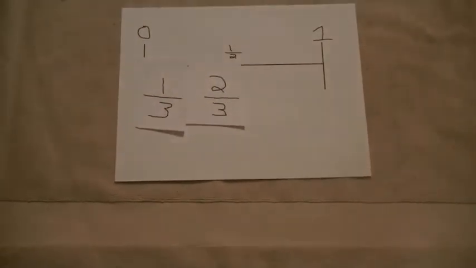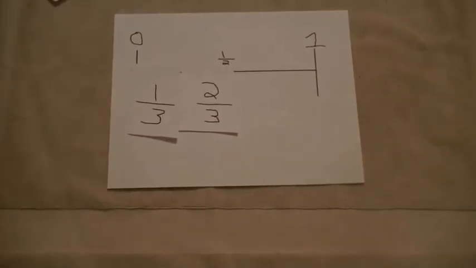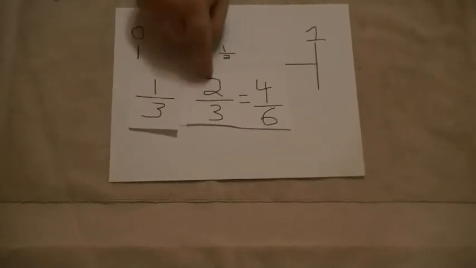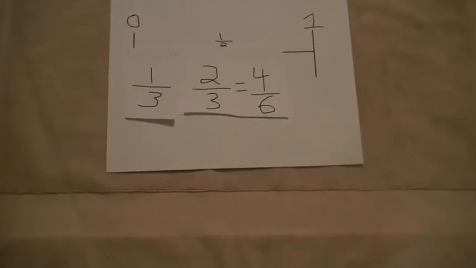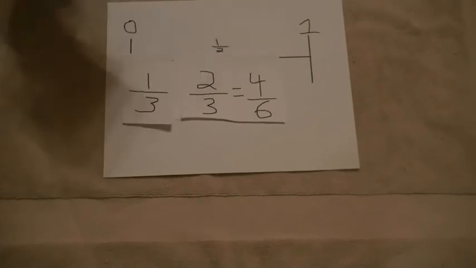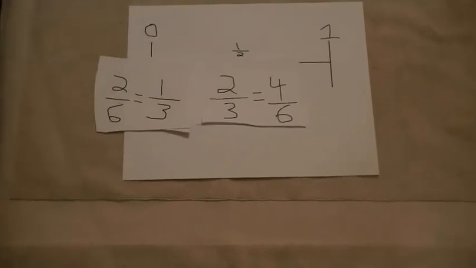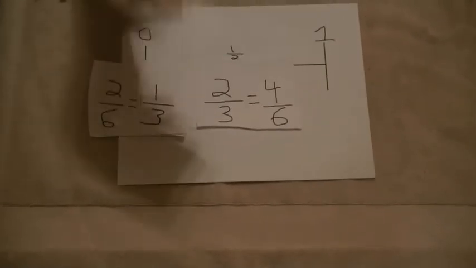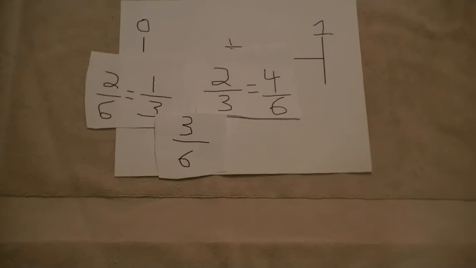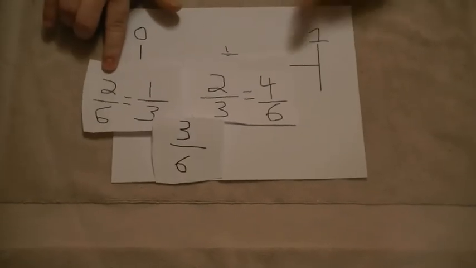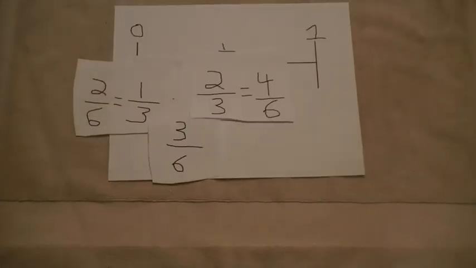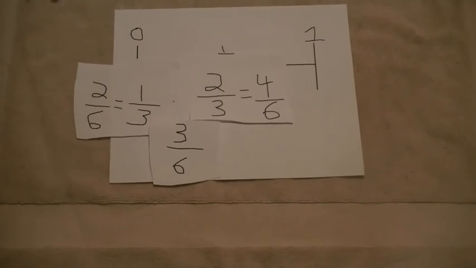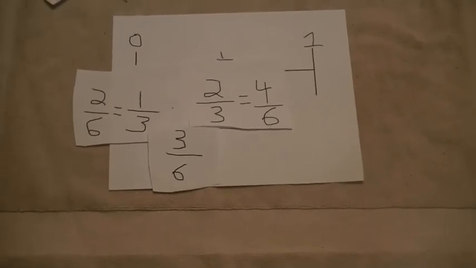To be able to figure out what that fraction is, what we must do is take 2/3 and convert it to 6ths, convert 1/3 to have 2/6 and 4/6, and on the number line we will discover the fraction in between is 3/6, halfway between 2 and 4/6. And that is comparing fractions using the number line.